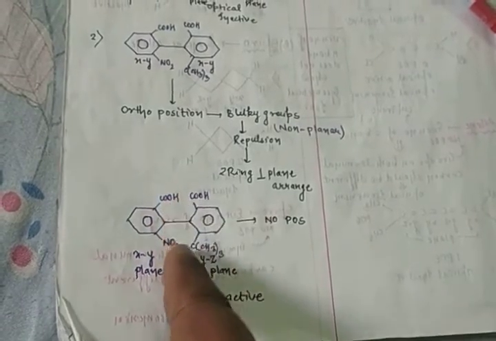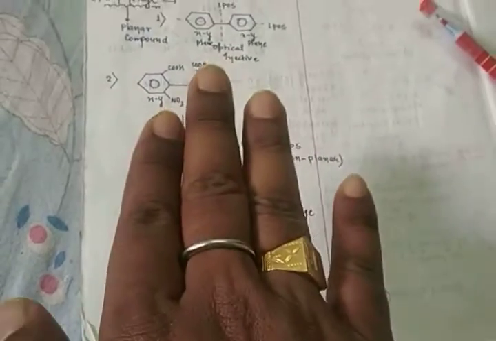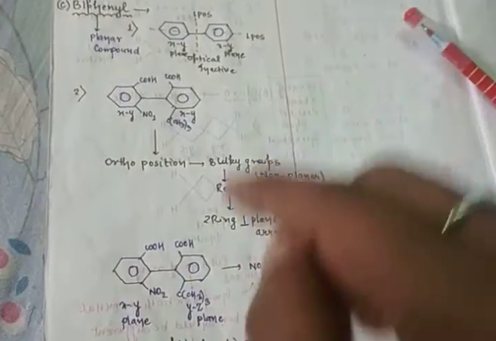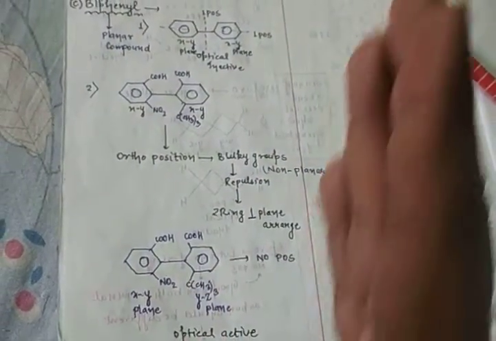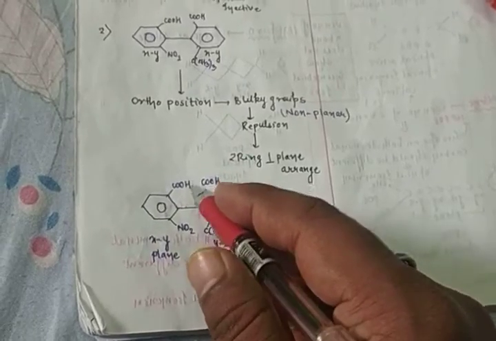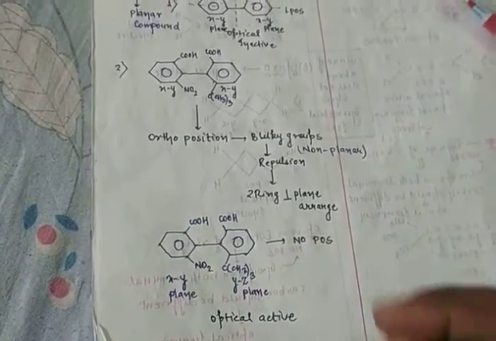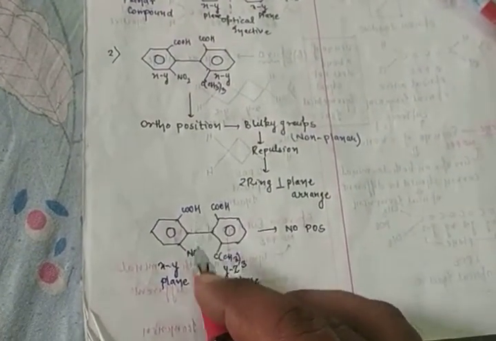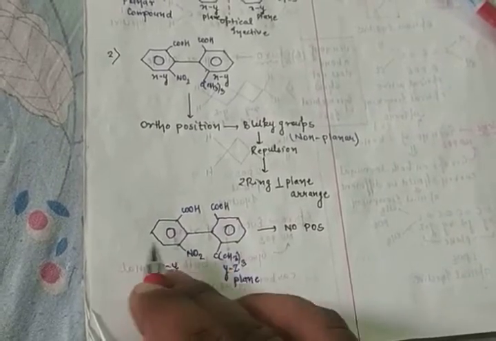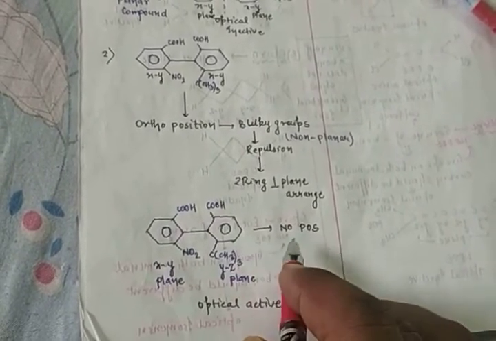So there is no plane of symmetry. In this case there is no plane of symmetry because one plane is XY and one plane is YZ because of repulsion. So it means there is no center of symmetry. Look, there is no plane of symmetry. With a bulkier group, it means the compound is 100% optical active.